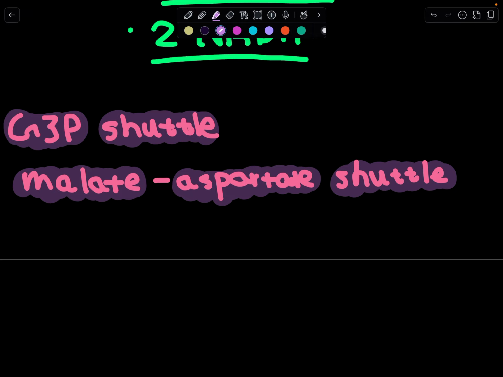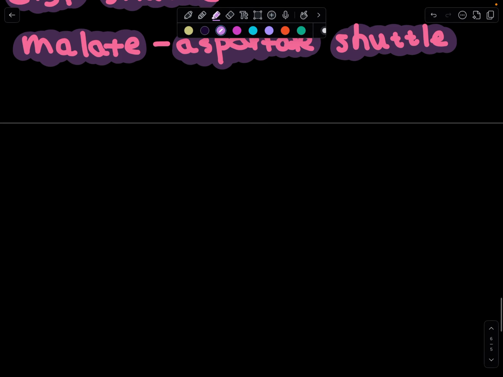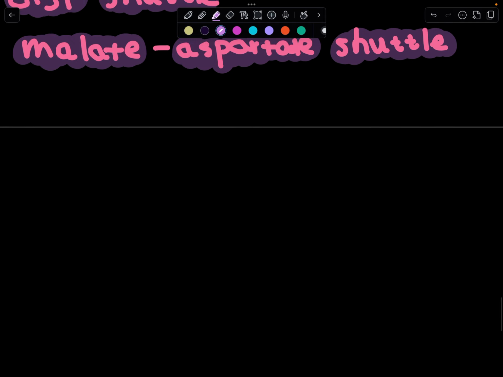Okay, let's talk about the G3P shuttle a bit in the brain and muscle now. So we've got, in the cytosol, DHAP becoming G3P. We've got oxidation of NADH to NAD plus in the cytosol.